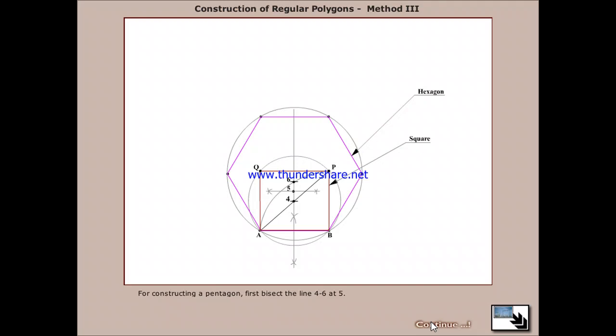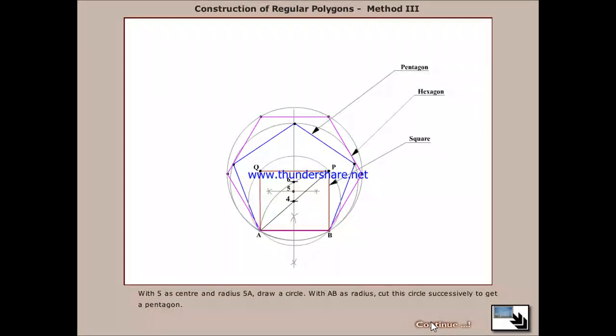For constructing a pentagon, first bisect the line 4, 6 at 5. With 5 as center and radius 5A, draw a circle. With AB as radius, cut the circle successively to get a pentagon.